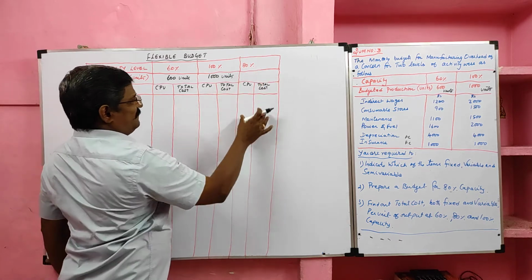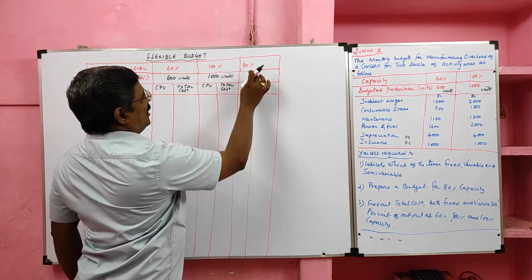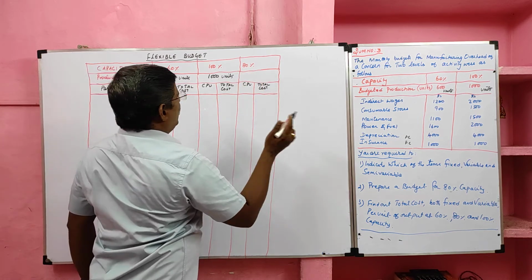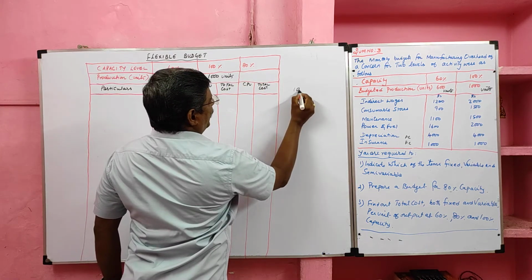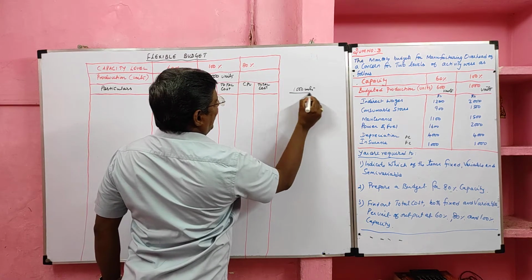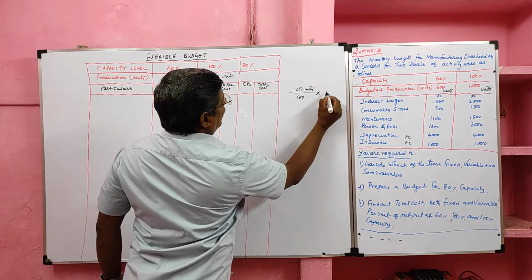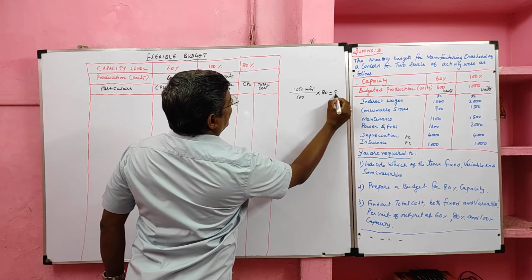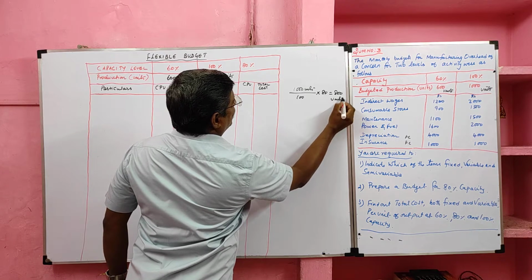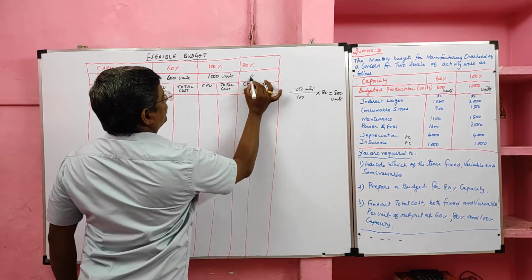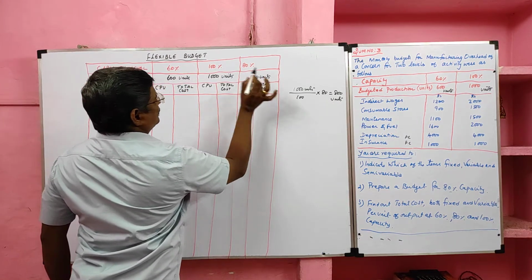We are going to prepare a flexible budget at 80% capacity. How many units are they going to produce? Here 1000 units they are producing at 100% capacity. If we multiply by 80%, we will get 800. So if they work at 80% capacity, they are going to manufacture 800 units.